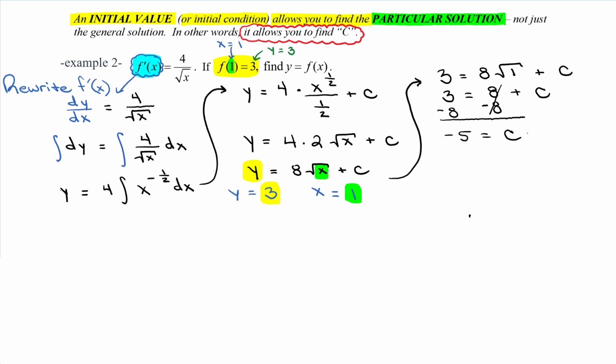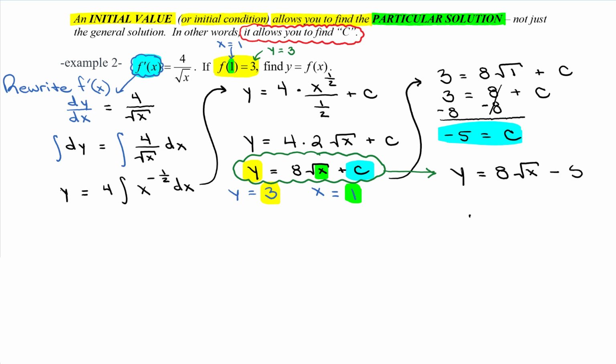Now that I have the value of c, I can substitute that in, and that will give me my particular solution. So going back to my equation of y equals 8 times the square root of x plus c, I drew a cloud around it with an arrow pointing towards the right. I've highlighted my c variable, and I'm going to substitute -5 there. So I get y equals 8 times the square root of x minus 5.